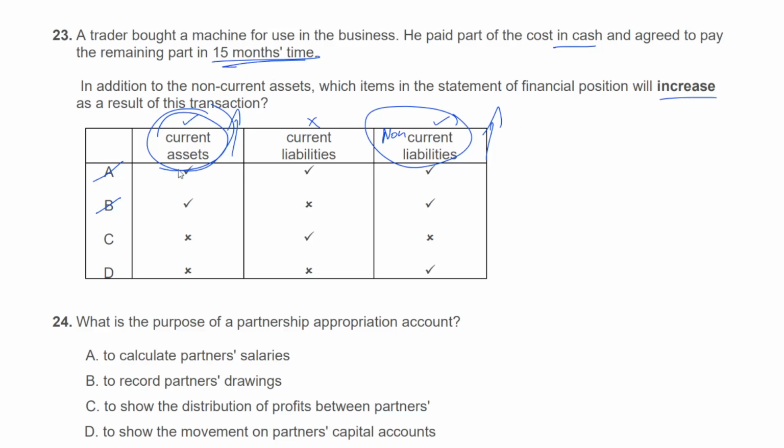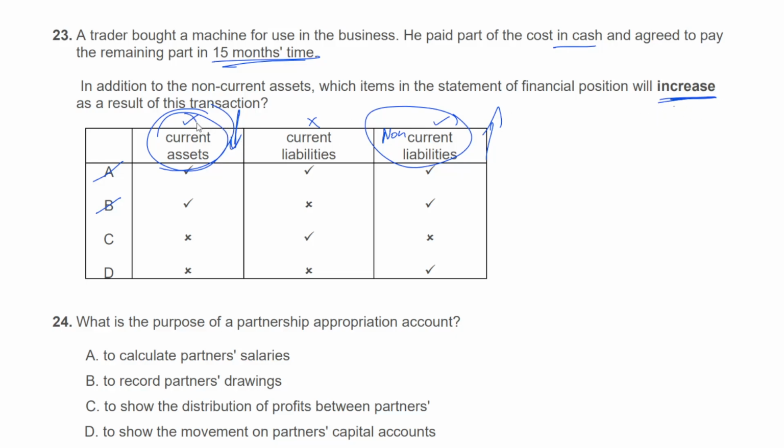Current assets are going down, and nothing's going to happen to your current liabilities. Current assets go down, they don't increase.